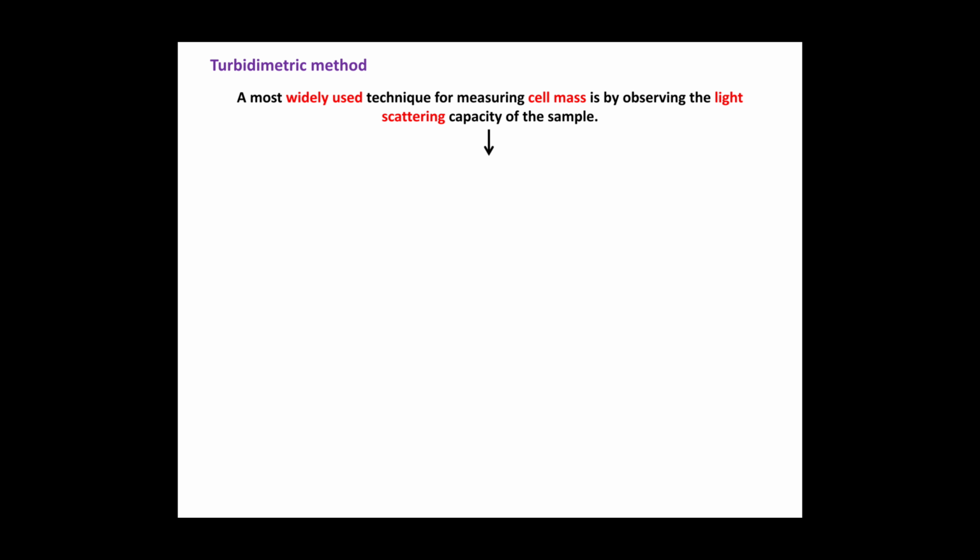Then the next method is turbidimetric method. The most widely used technique for measuring cell mass is by observing the light scattering capacity of the sample. A suspension of unicellular organisms is placed in a colorimeter or spectrophotometer and light is passed through it.